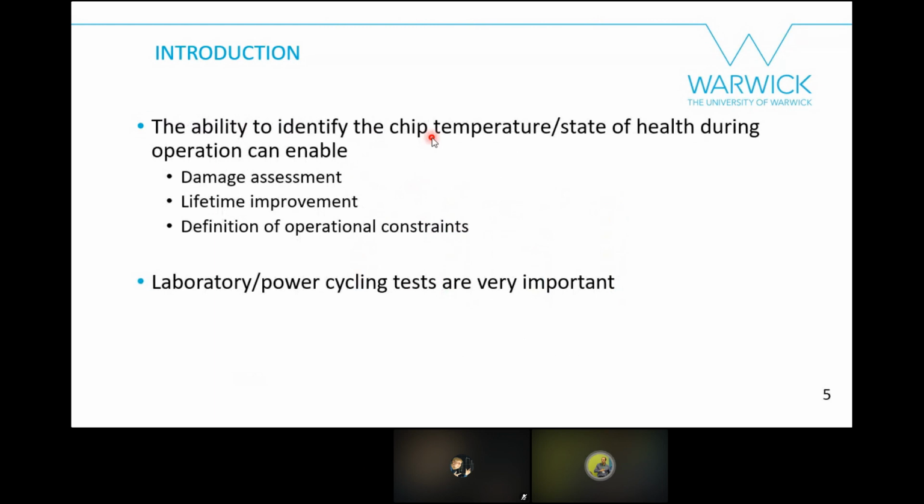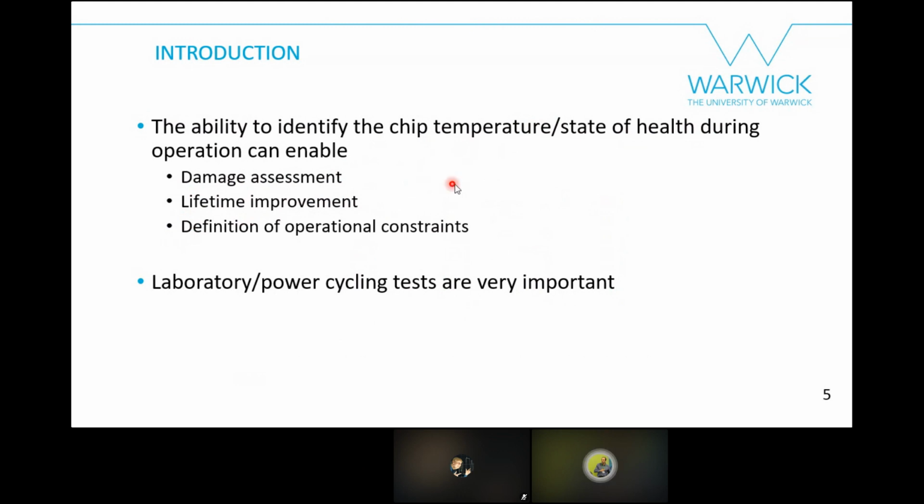Something that is key for implementing condition monitoring is temperature, namely the temperature of the chip. The ability to identify the chip temperature, which is related to the state of health during operation, can enable damage assessment and lifetime improvement. You can also define operational constraints.